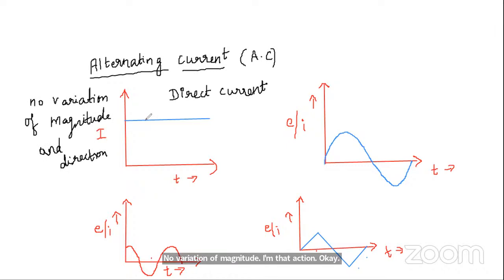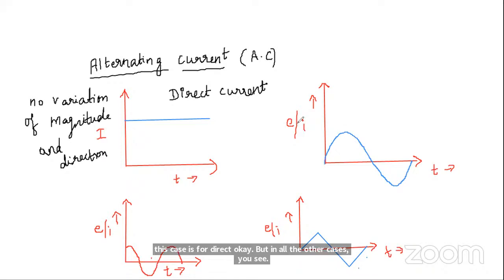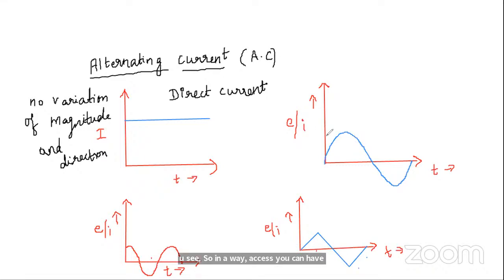Because the direction and magnitude remain the same with respect to change of time. Even though the time changes, there is no change in magnitude or direction of current. So this first case is called direct current. But in all the other cases, on the y-axis you can have EMF or current, and on the x-axis you need to have time.